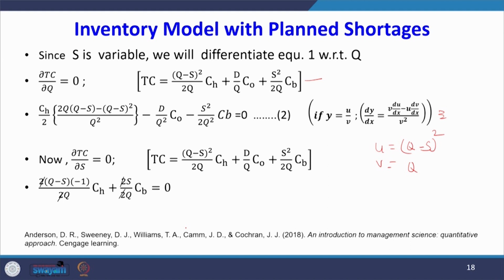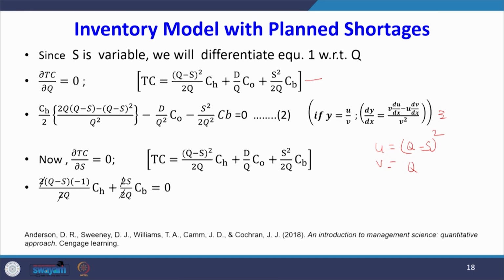What is dv by dx? That is 1. So, Q minus S whole square. Plus, here, CO by Q, when you differentiate 1 by Q, it becomes minus 1 by Q square, into CO. This also, S square, minus 1 by Q square CB, equal to 0.